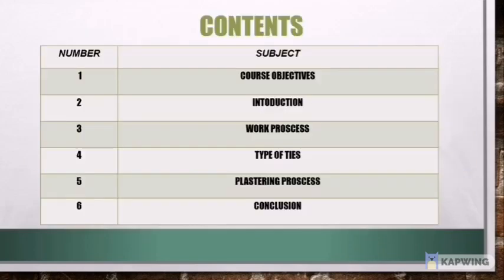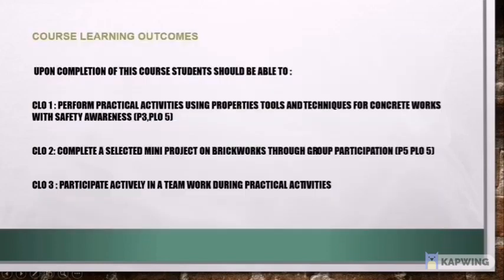The content of this project: number 1 is course objective, number 2 introduction, number 3 work process, number 4 type of tiles, number 5 plastering process, and number 6 is conclusion. Course learning outcomes.